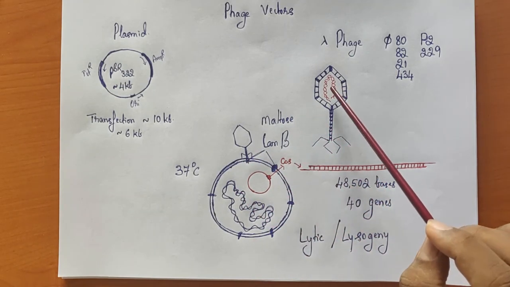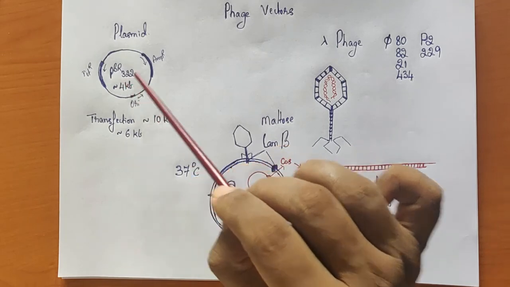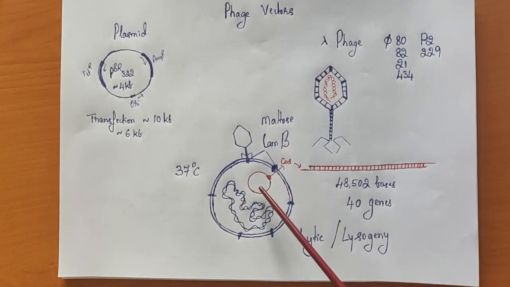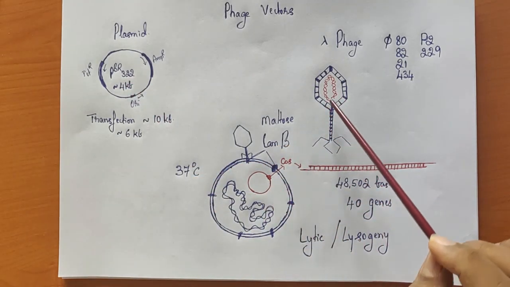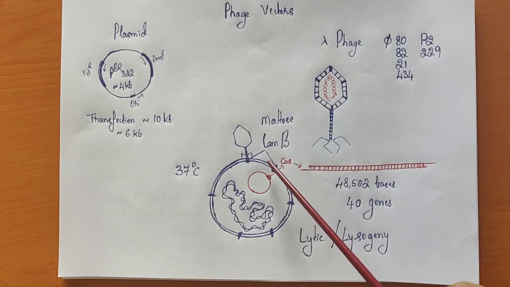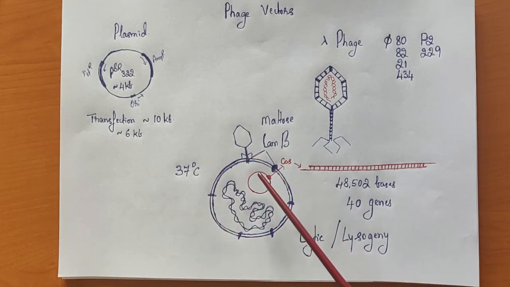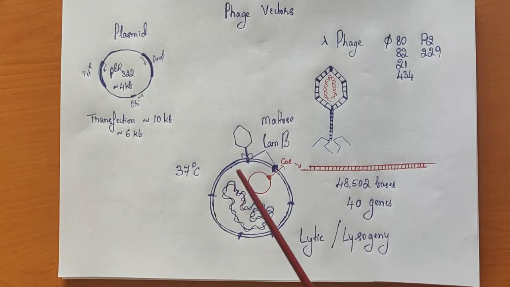So unlike a plasmid, here it requires the host for its multiplication. If it enters the lytic cycle, that finally results in the lysis of the host cell. That is the huge difference between plasmid and phage DNA.